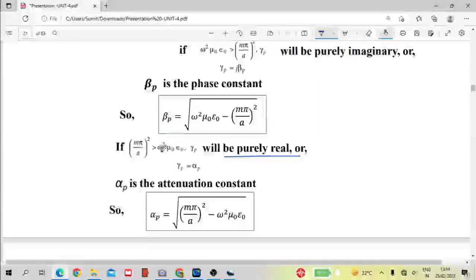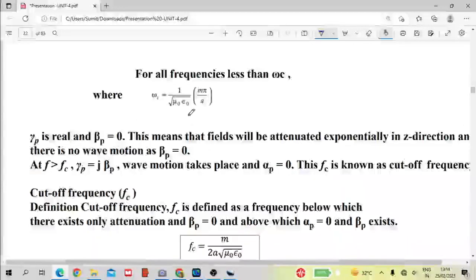So from here you can find one cutoff omega c in this term. If you replace omega by omega c in this term, you will get the cutoff, this square by omega square epsilon 0, so that you get the cutoff frequency from here.